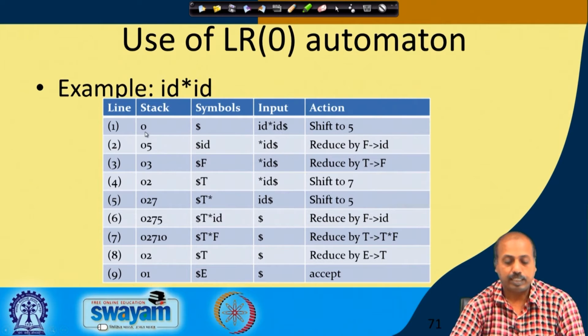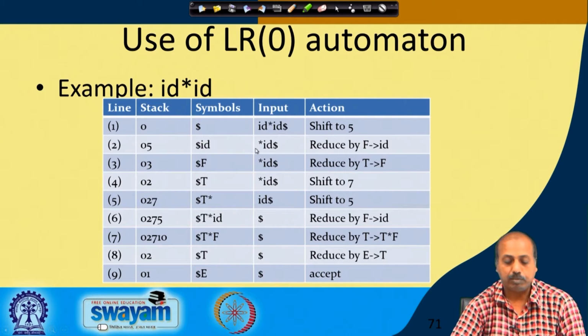Then it gets this ID, so it will be shifting to state 5. How does it shift? That decision we will see later. Suppose the action is to shift the next input and go to state 5. So it shifts the next input ID into the stack, and state 5 is put into the stack.